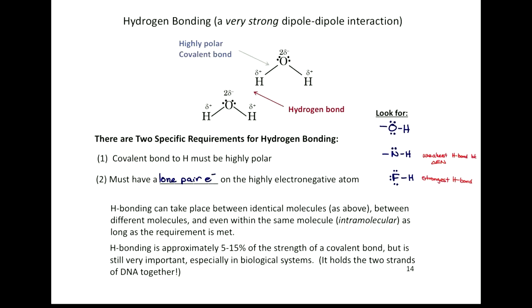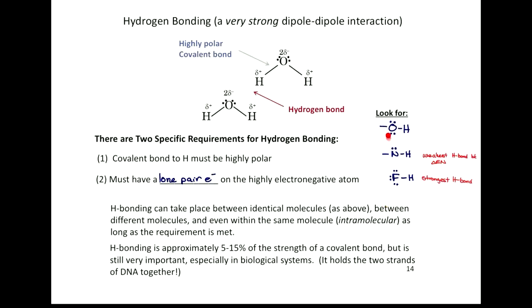It's a dipole-dipole attraction where you produce a very electropositive hydrogen atom, so a very positive hydrogen atom. The criteria that you want to look for here is a hydrogen that's highly polar, so highly electropositive. Typically you do that by attaching it to a really electronegative atom, and then that atom needs to have a lone pair of electrons on it. So this is what you want to write down over here. This is what you want to look for. All of these hydrogens can participate in hydrogen bonding.